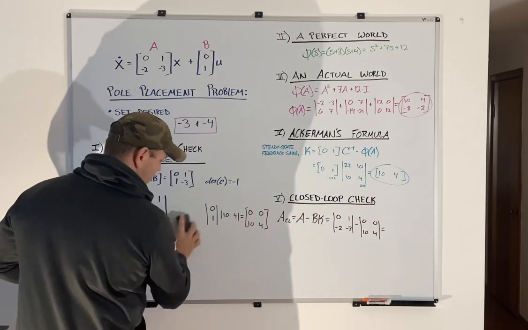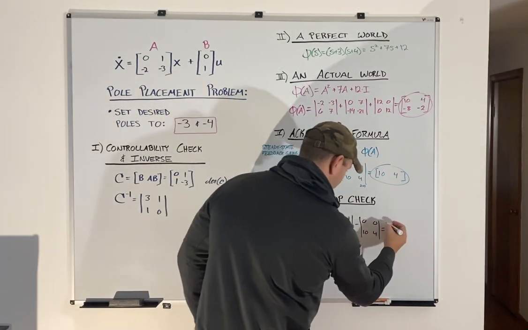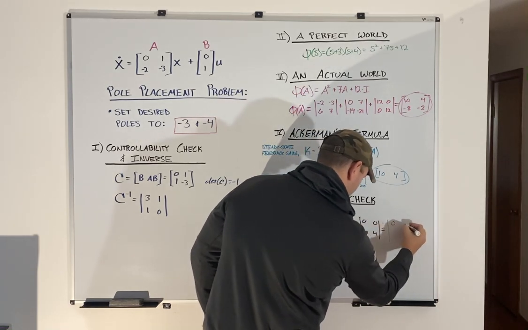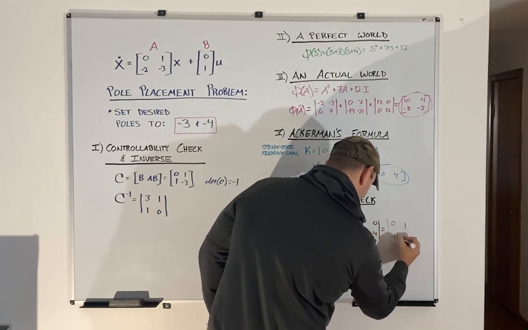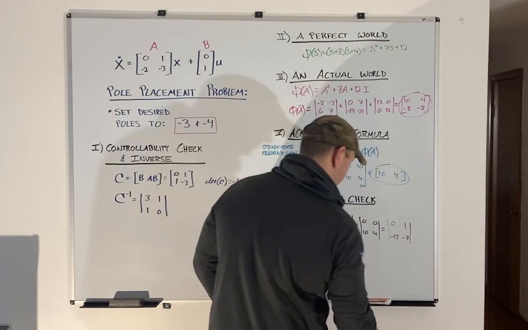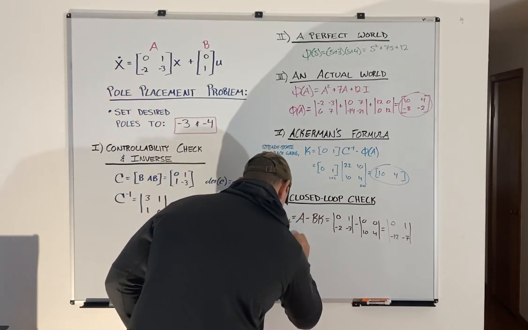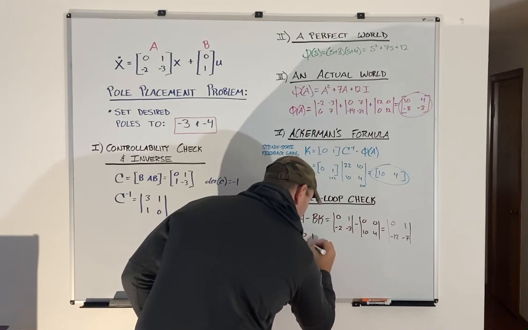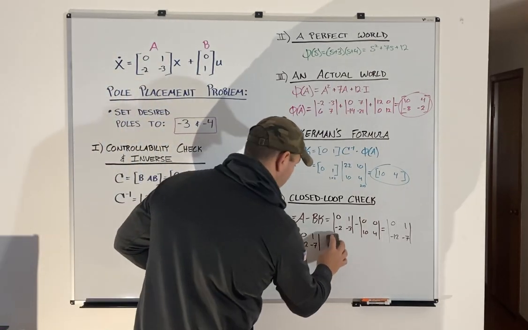Let's go straight across: 0 minus 0 is 0, 1 minus 0 is 1, -2 minus 10 is -12, and -3 minus 4 is -7. So A closed loop is [0, 1; -12, -7].